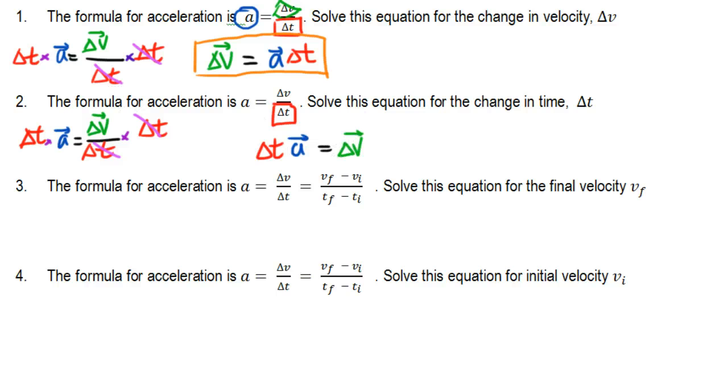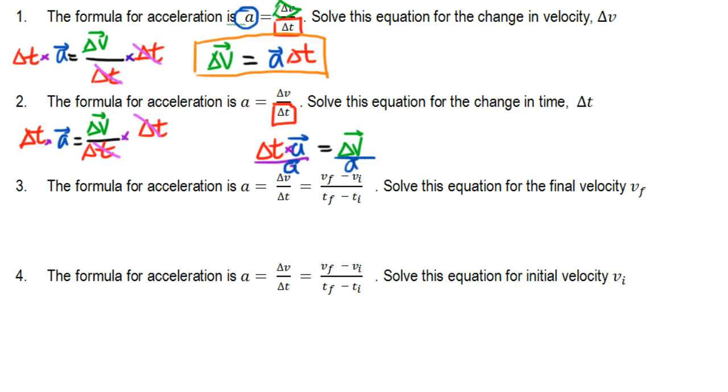Okay, so when I do that, I need delta t by itself, so I'm going to have to divide by a. It's being multiplied by a right now, so I'm going to do the opposite, which is divide, and then I'm going to divide by a, blue a. Okay, do it to one side, I got to do it to the other side.